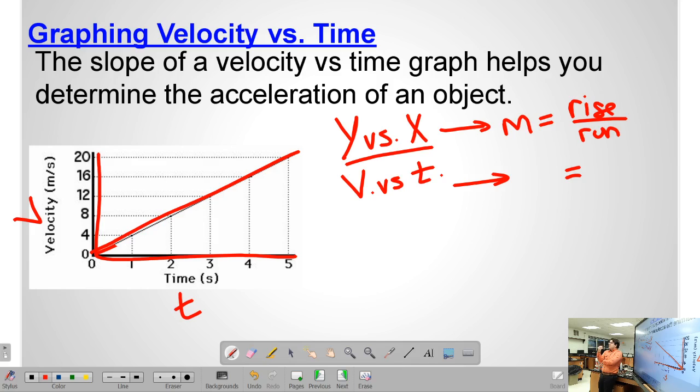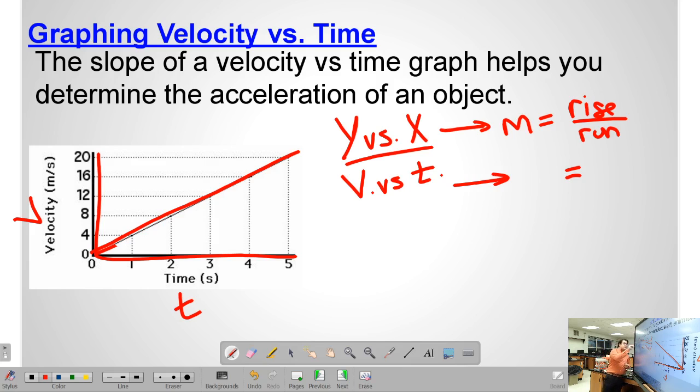What is my rise and what is my run? What's my y and my x? It's going to be what over what? What do you got for me, Taylor? 4 over 1. I am not looking for numbers yet. We're talking about just variables. We will talk about numbers in a second, so let's put a pause on that. We're looking at just units.